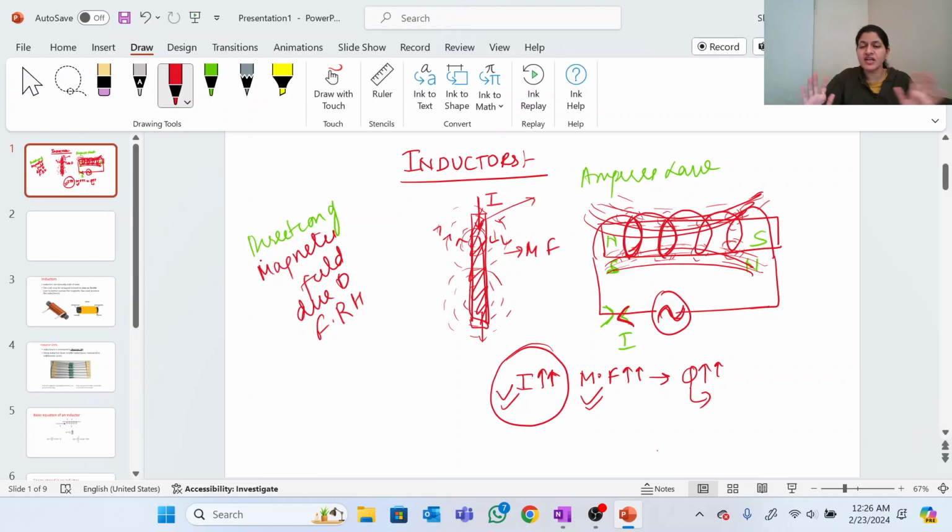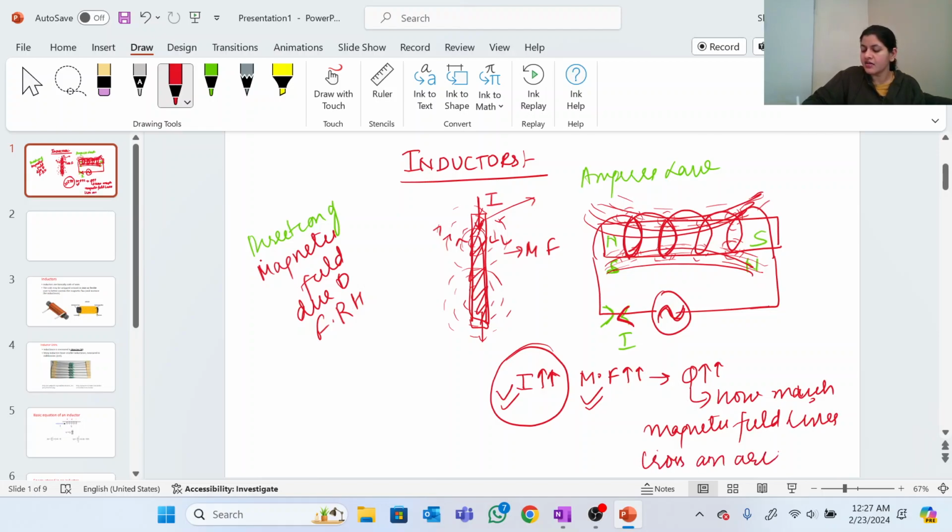What is flux? Flux is nothing but how many magnetic field lines cross an area within a particular time.